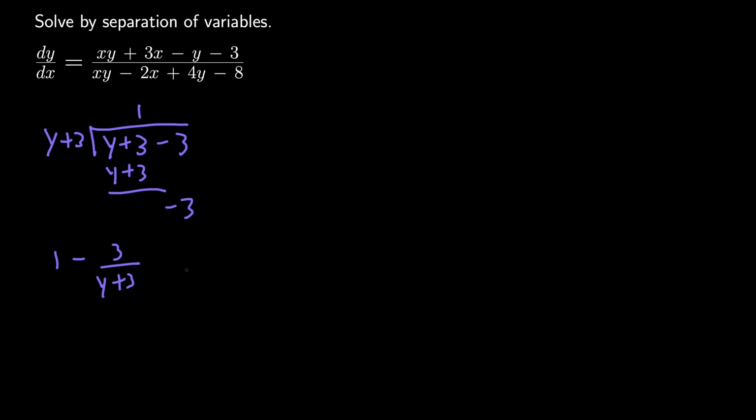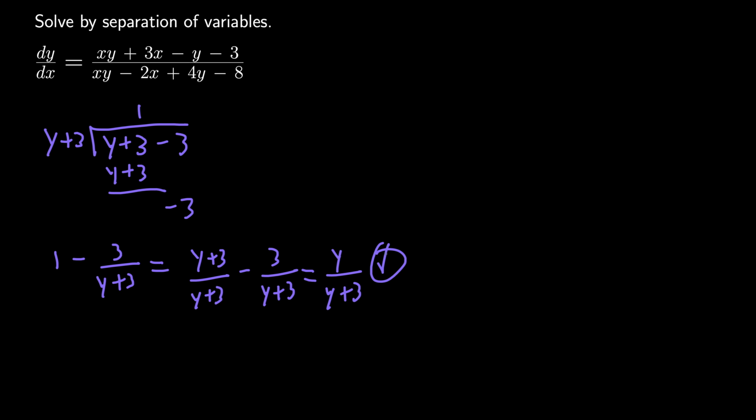The next thing we want to do is check this to make sure that we get the original expression, which was y over y plus 3. And we see that it checks. So next we're going to do the same thing to x over x plus 4. Using long division, I'm going to add a plus 4 and a -4 to the dividend to make it easier.